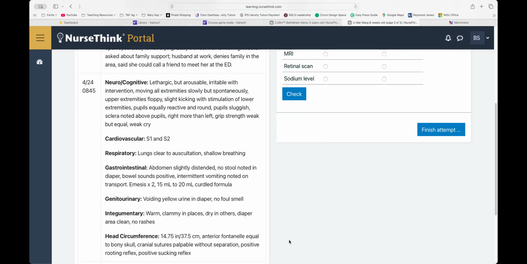So what of that assessment makes you nervous? What are some of those abnormal neurologic signs that we see? Pupils sluggish. Her upper extremities are floppy.